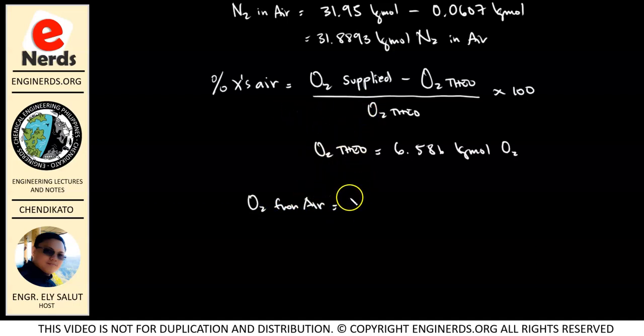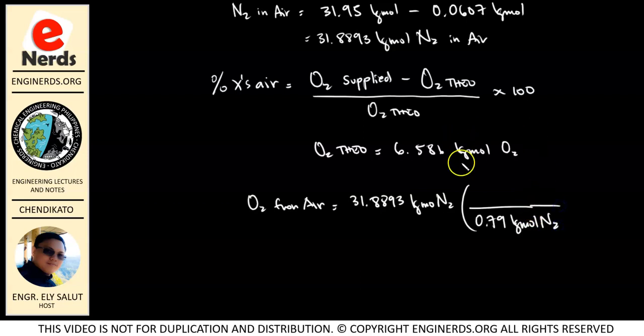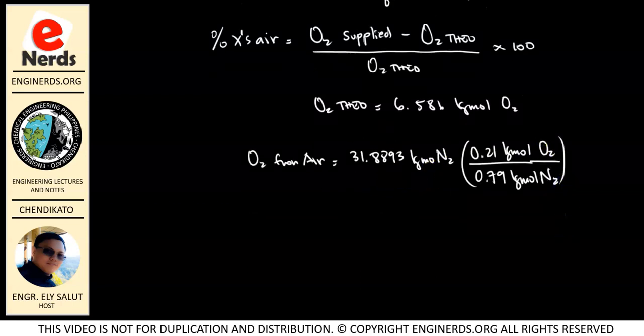So, we have 31.8893 kilogram mole ng N2 sa air. So, sa ating air, we have 0.79 kilogram mole of N2 per 0.21 kilogram mole of O2. Okay? So, yung unit natin, this will be cancelled out.